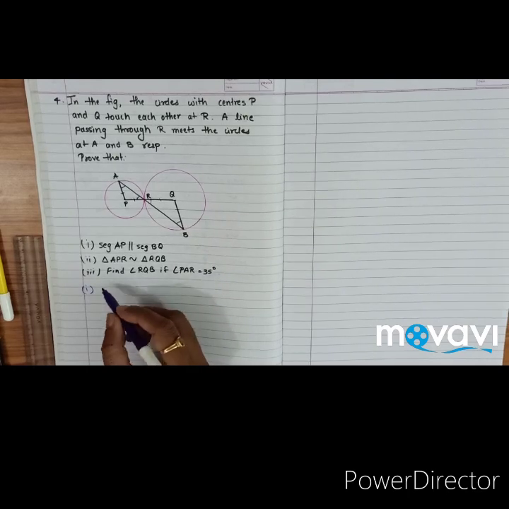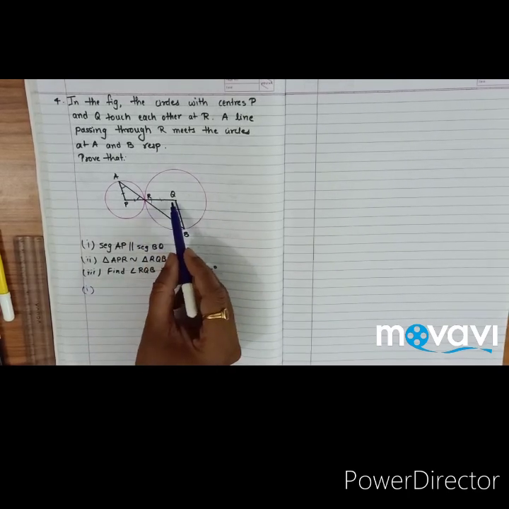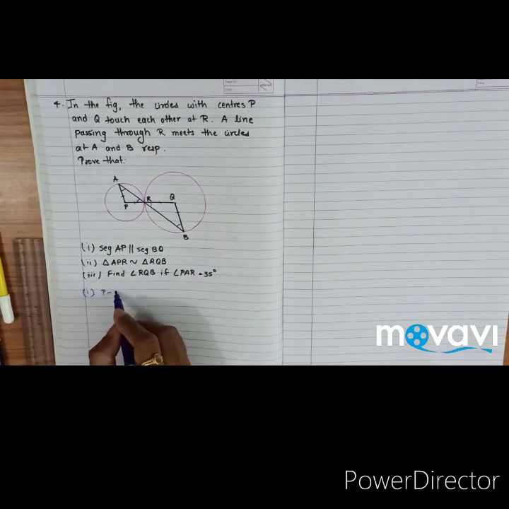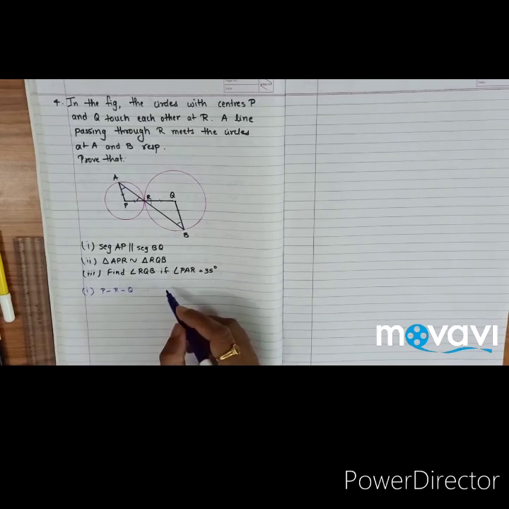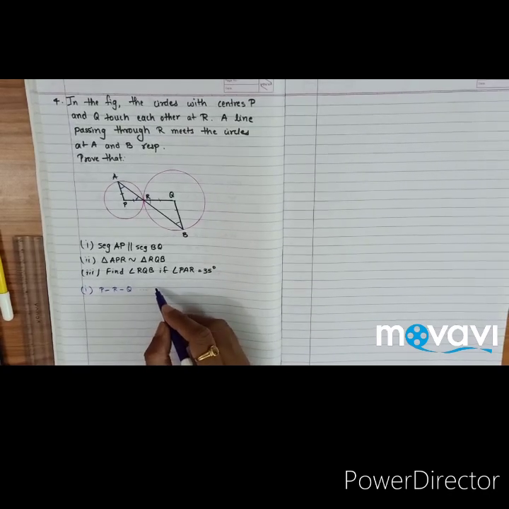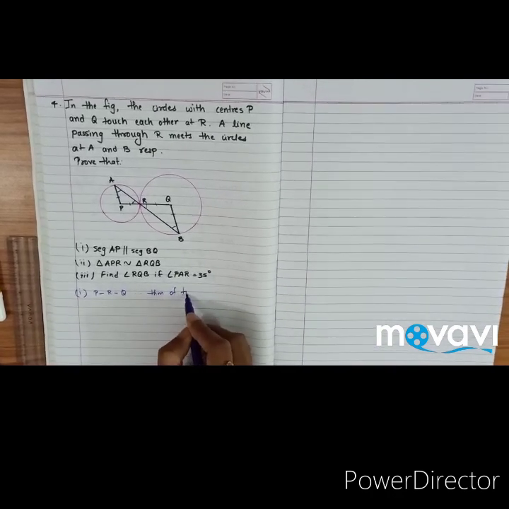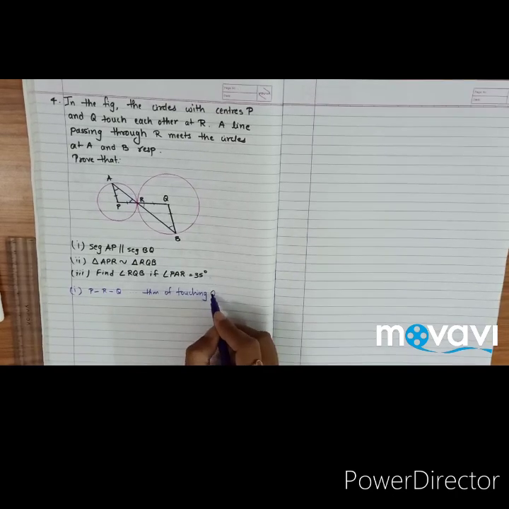Okay. So the first thing I need to show is that P, R, Q are on the same line. So R lies between P and Q. Why? Because of the theorem of touching circles. So let us write down, by the theorem of touching circles.